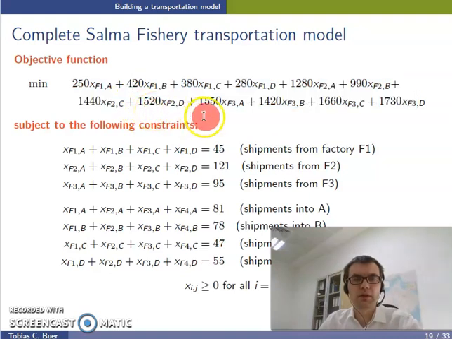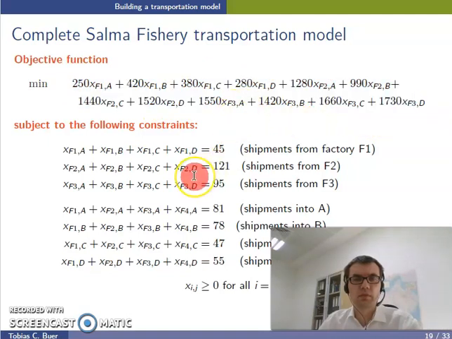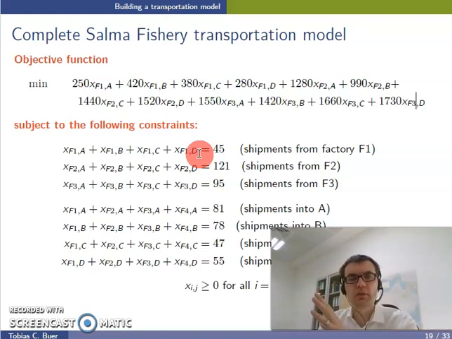Now I am interested in that solution which gives me the minimum total transportation cost. Okay, and this is a way how we can model the situation of our case Selma fishery, and we can decide which factory should provide which number of fish cases to which warehouse of our customers.